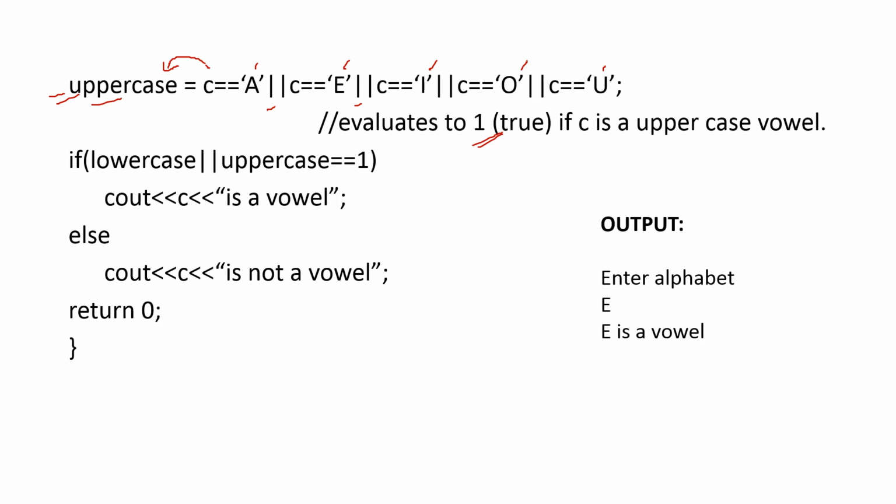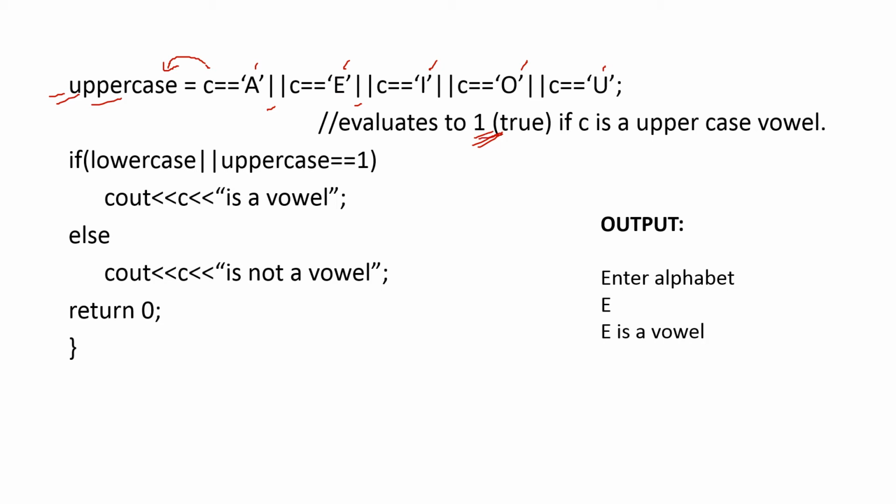Hence uppercase is also int, like lowercase. So you will get the value of uppercase or lowercase as 1 or 0, and you have to check for that. Next statement: if lowercase or uppercase is equal to 1.